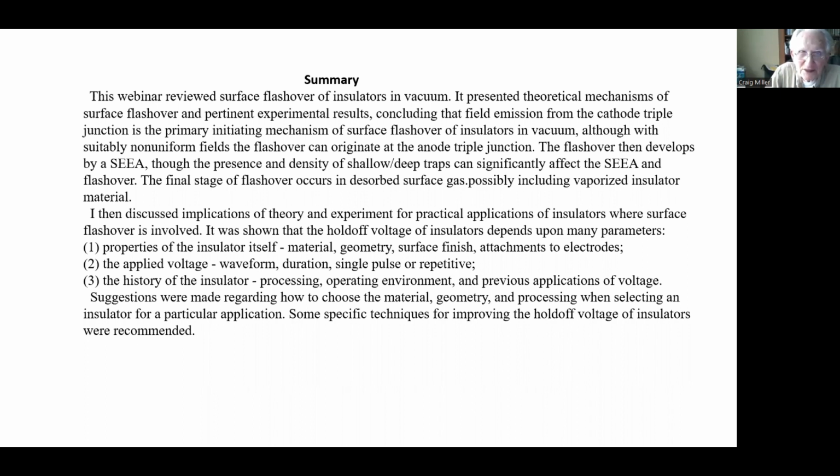I then discussed the implications for practical applications of flashover. I showed the life of insulators depends upon many parameters: the properties of the insulator itself, its material, its geometry, its surface finish, how it's attached to the electrodes, the applied voltage, whether it's a pulse, the duration, whether it's a single pulse or repetitive, and of course, it could be AC, and the history of the insulator, how it was processed, and its operating environment.